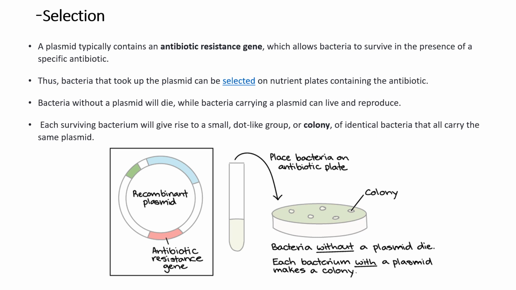Thus, bacteria that took up the plasmid can be selected on nutrient plates containing the antibiotic. Bacteria without the plasmid will die, while bacteria carrying a plasmid will live and reproduce. Each surviving bacterium will give rise to small dot-like groups, or a colony of identical bacteria that all carry the plasmid.